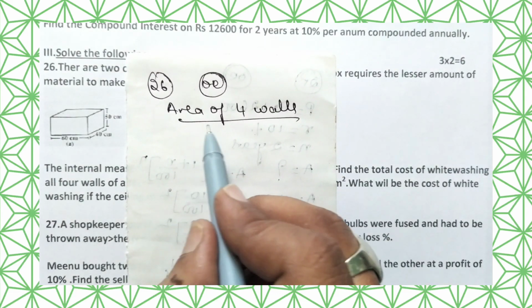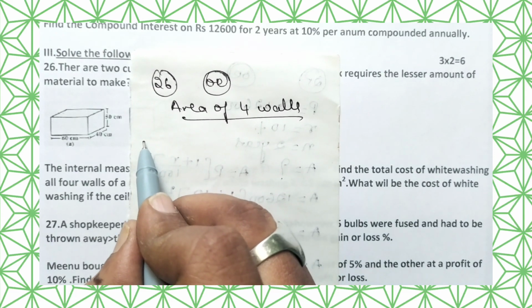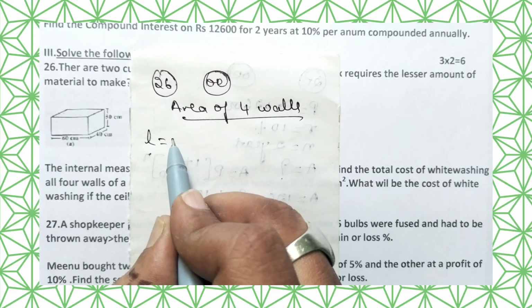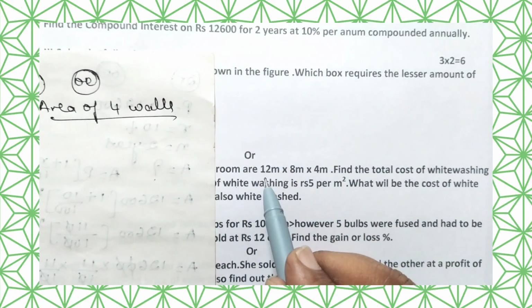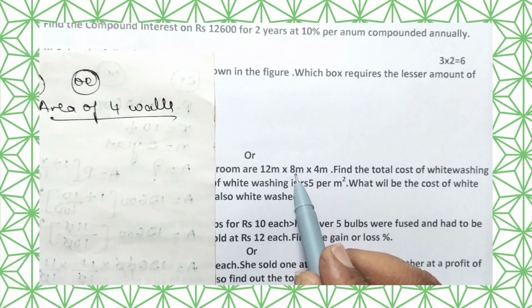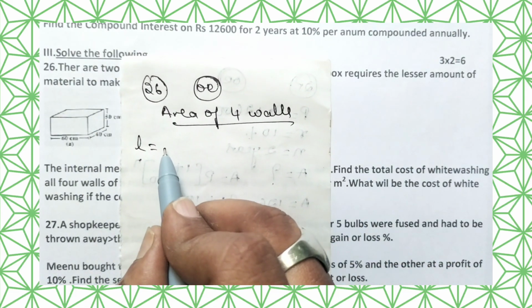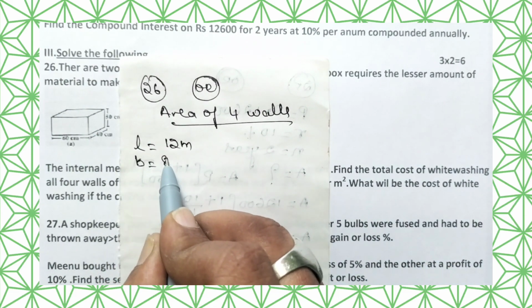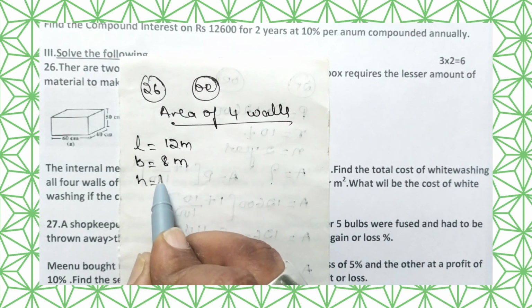So in this question, first let us find out the area of the 4 walls. Length, breadth and height are given. Length is 12 meter, breadth is 8 meter and height is 4 meter.